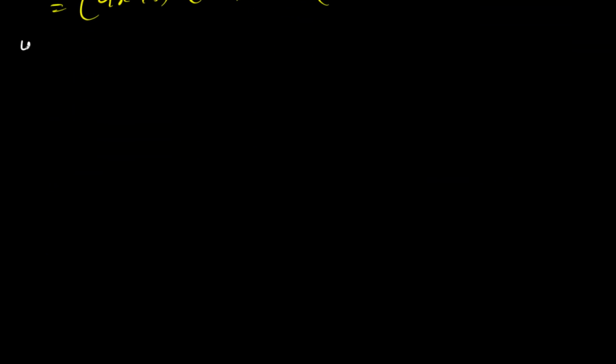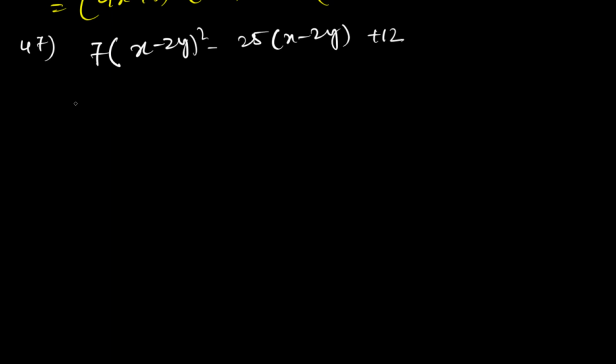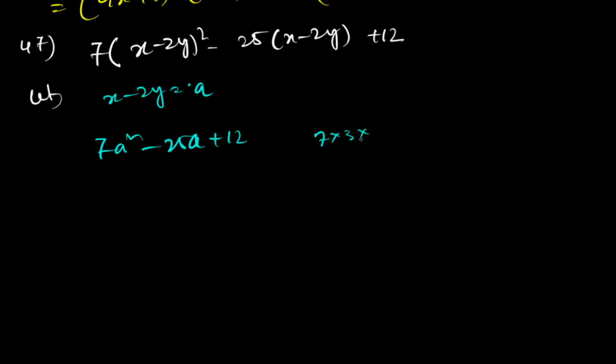Let's do question number 47. In the same way it can be done. 7 into x minus 2y the whole square minus 25 into x minus 2y plus 12. So let x minus 2y be a. So it's 7a squared minus 25a plus 12. So it's 7 into 3 into 4.